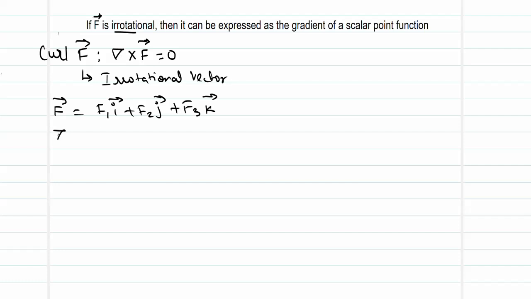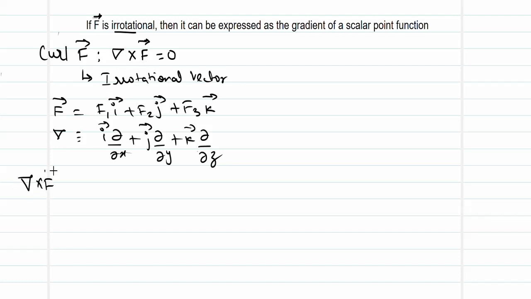We know that the vector differential operator del is defined as i dou by dou x plus j dou by dou y plus k dou by dou z. If we want the cross product, it is taken by the 3 cross 3 determinant. So how to estimate it?